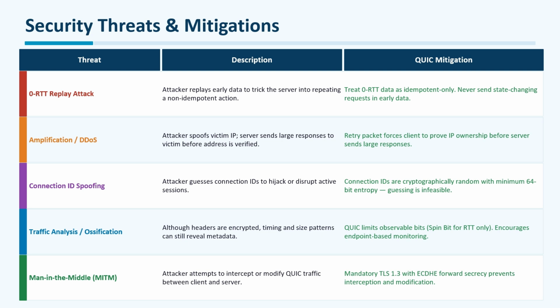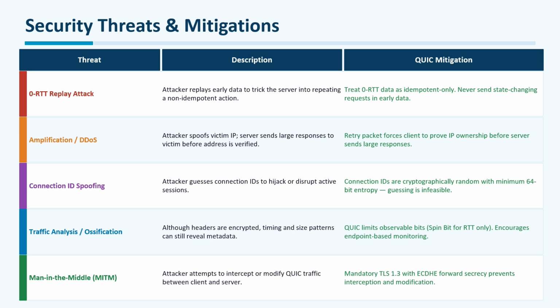Security threats and mitigations of QUIC. QUIC is designed with strong security, but it still has security considerations. One issue is the zero-RTT replay risk. RFC 9001 notes that session resumption and zero-RTT require retained state, and a resumed connection can create correlation and privacy concerns if tickets are reused carelessly.